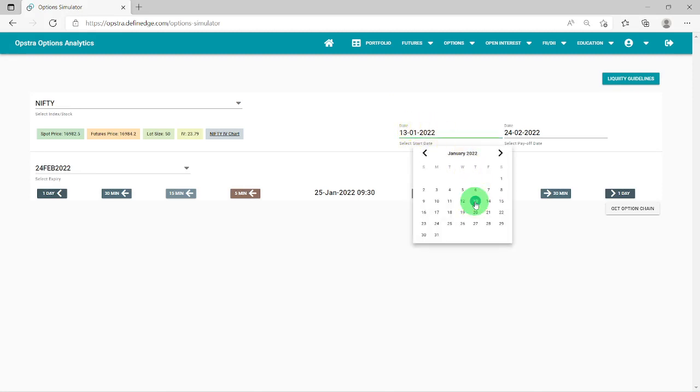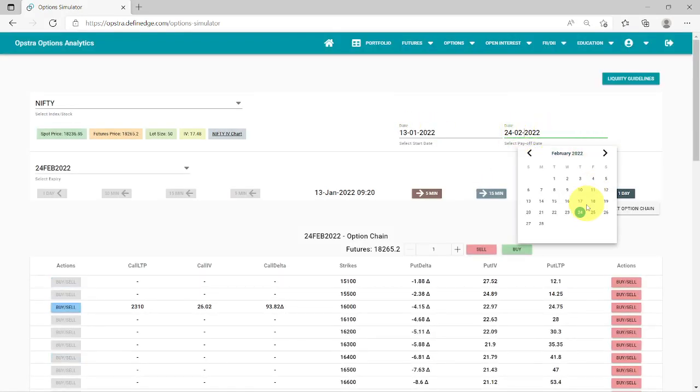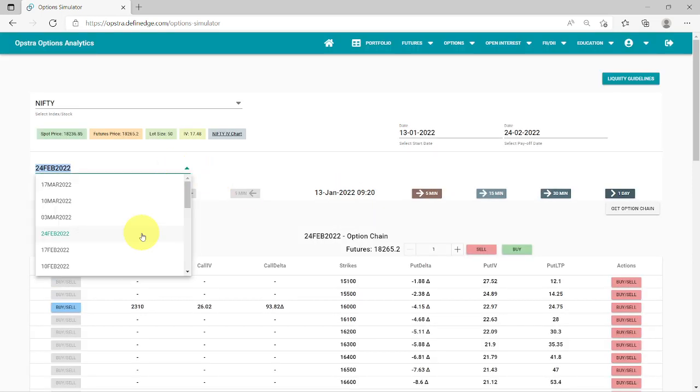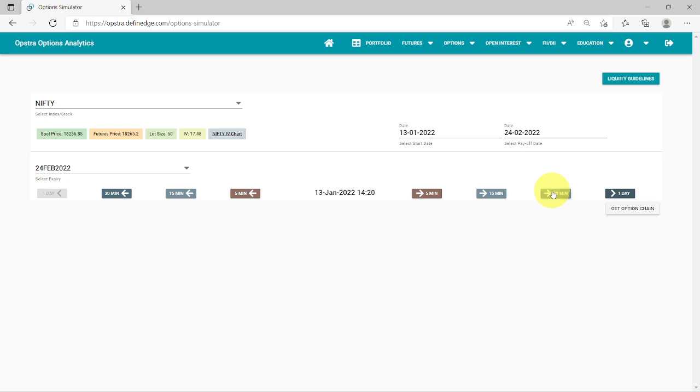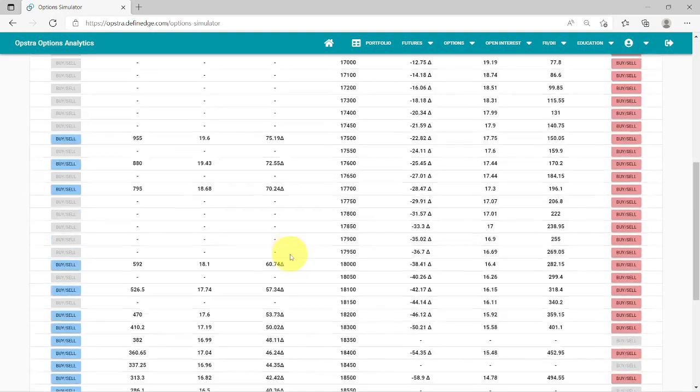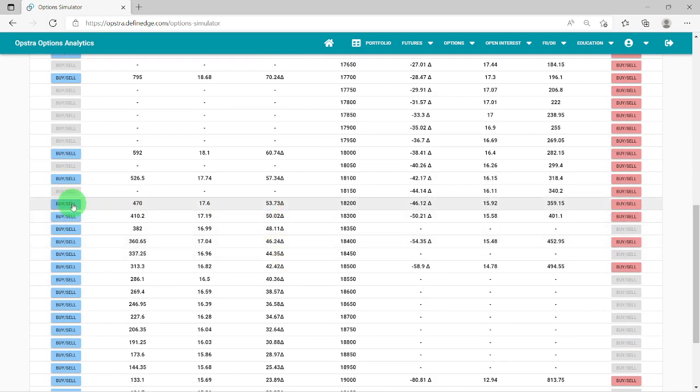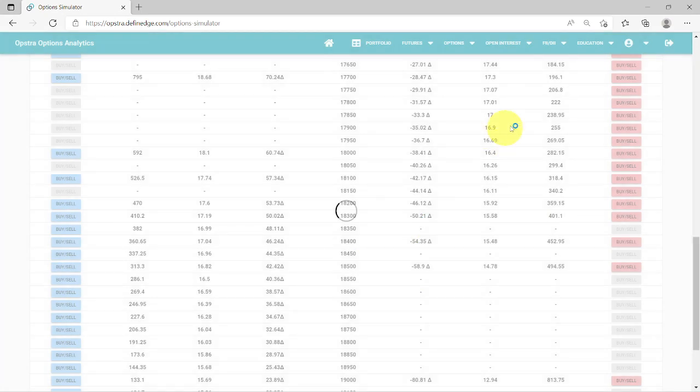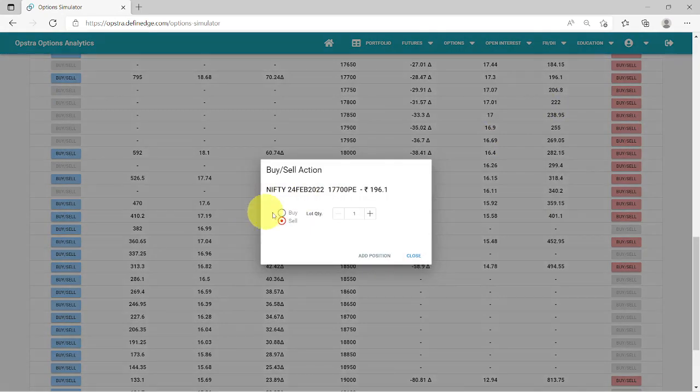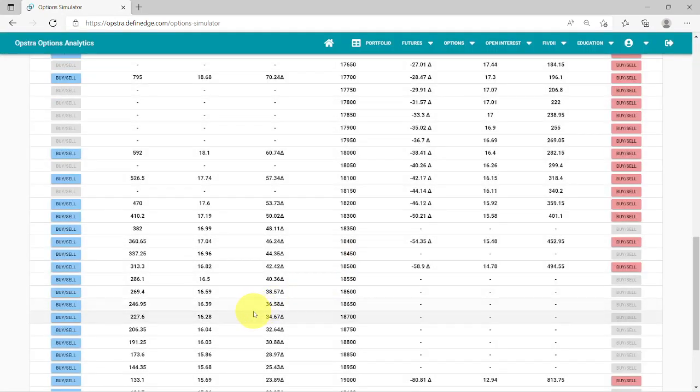We'll see the last month, January, sorry, the last month of February. We are entering at 3 p.m. at 18,200, buying 17,700 and 18,700.